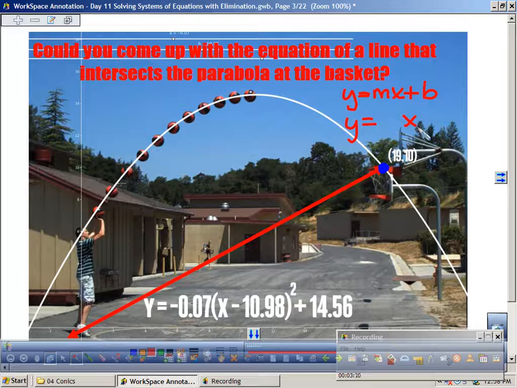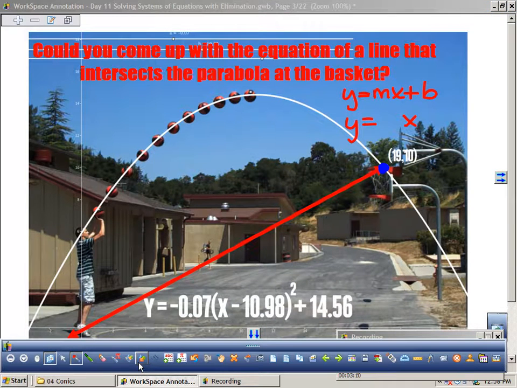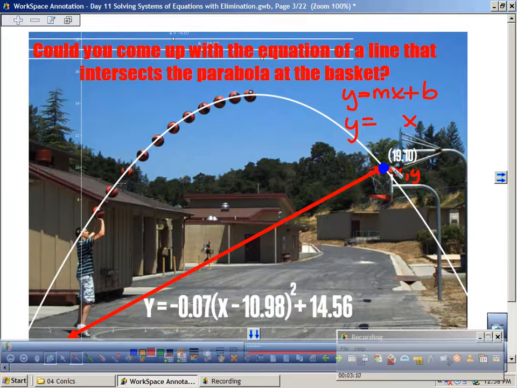You don't need the graph. Is it 19, 10? What does 19 stand for? What does 10 stand for? I rise 10 and I run 19. Right? Isn't all those pieces right there for you?